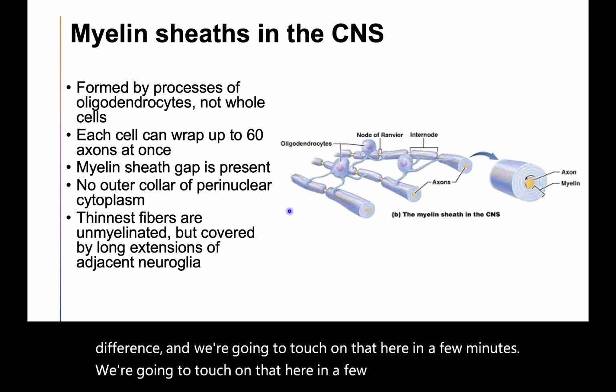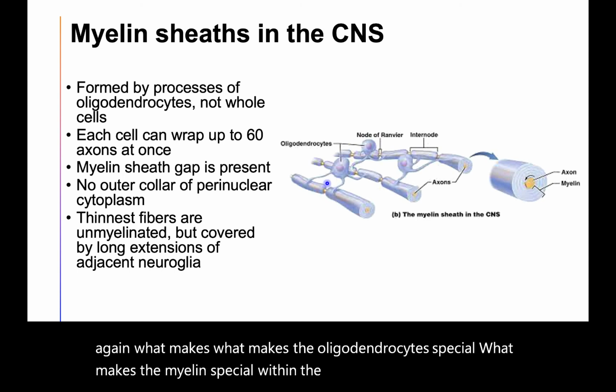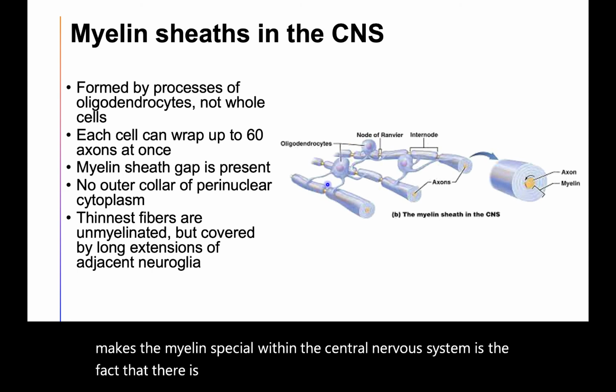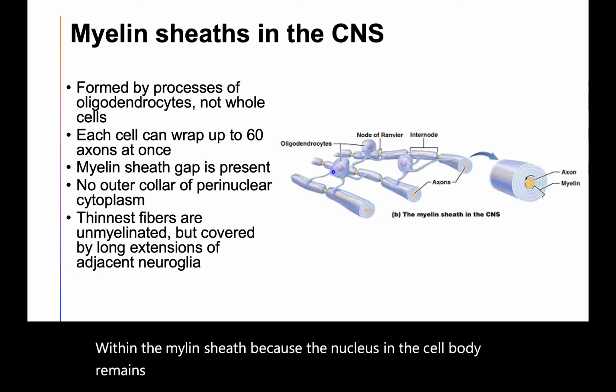All right. So again, what makes the oligodendrocytes special, what makes the myelin special within the central nervous system, is the fact that there is no neurolemma that is present within the myelin sheath, because the nucleus in the cell body remains independent. Right? It remains independent.